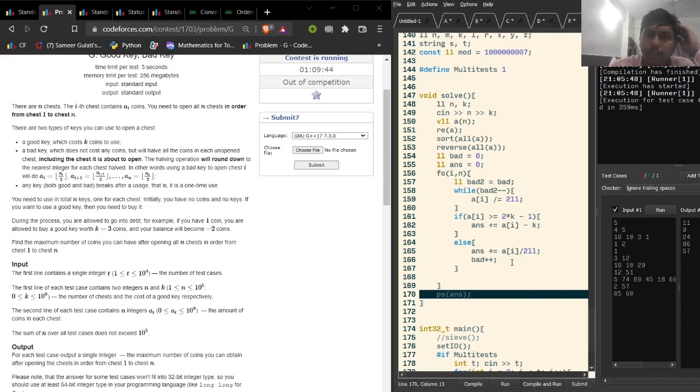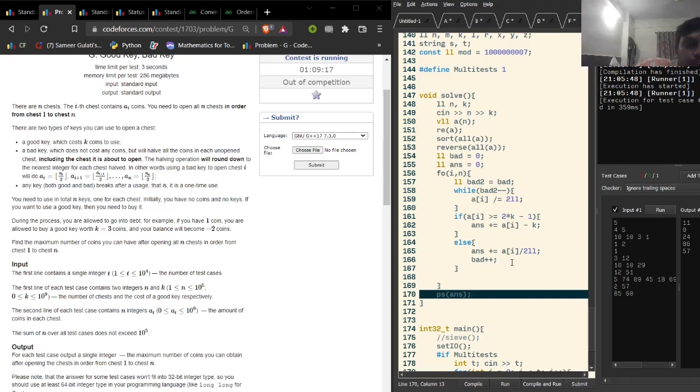So once we do that, we realize that there are only very few bad keys that we need to take care about, because after using a certain number of bad keys, let's say we have 30 bad keys, then all of the values are going to go down to zero. Like after 30-40 bad keys, all A_i values are going to go down to zero, which doesn't make any sense, right?